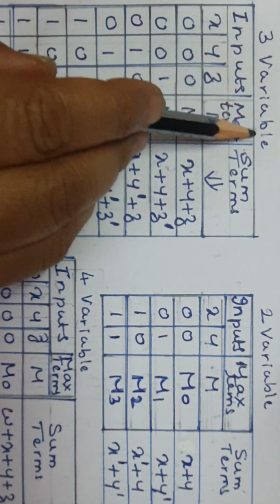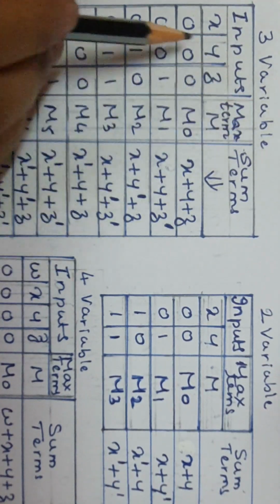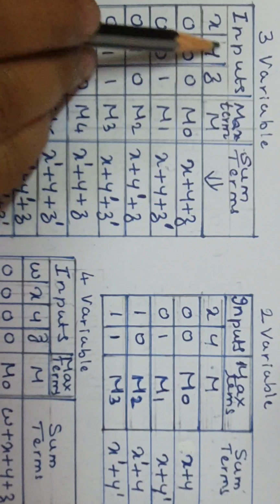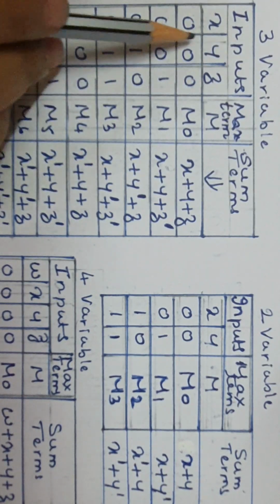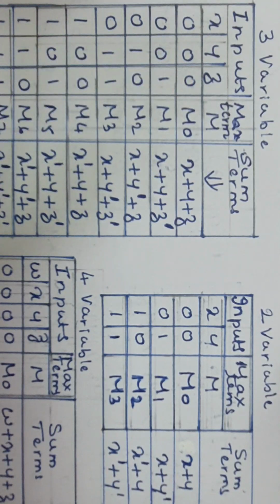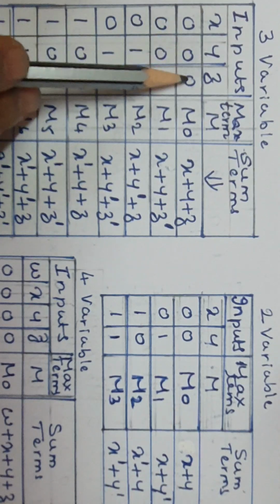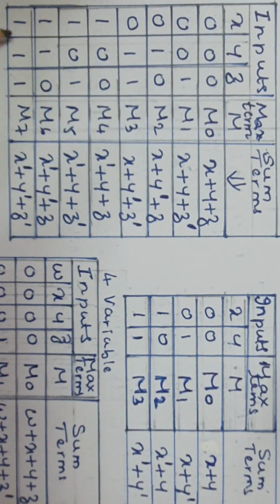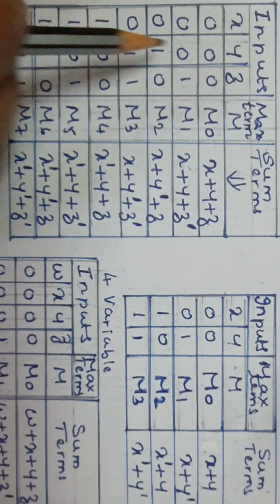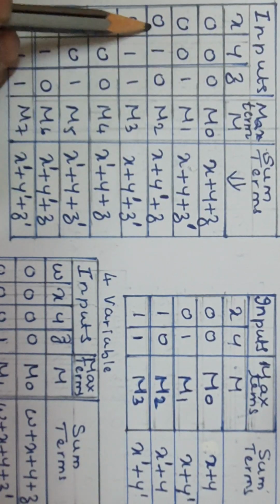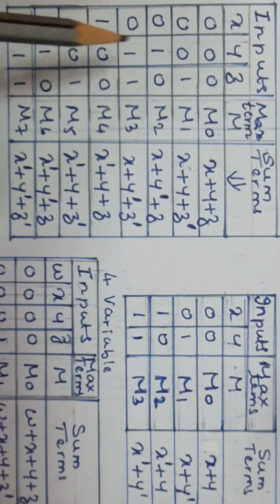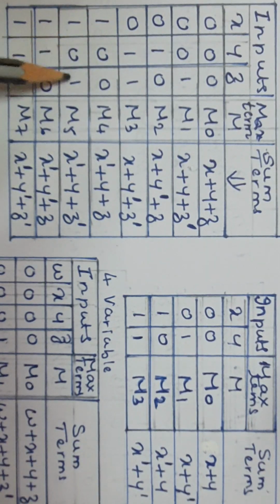Next, in a three variable Boolean function or digital system, there will be three inputs. Let the inputs be x, y, z. For three variables there will be 8 possible combinations, starting from 000 to 111: 000, 001, 010, 011, 100, 101, 110, 111.